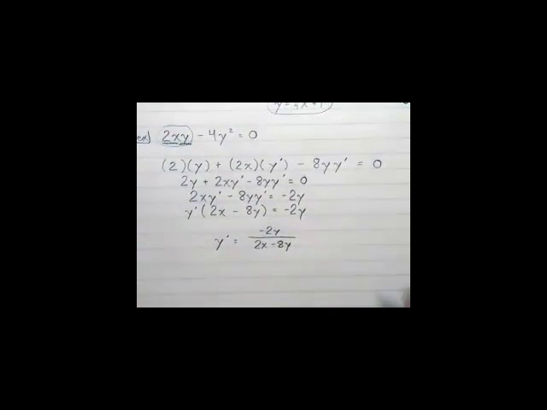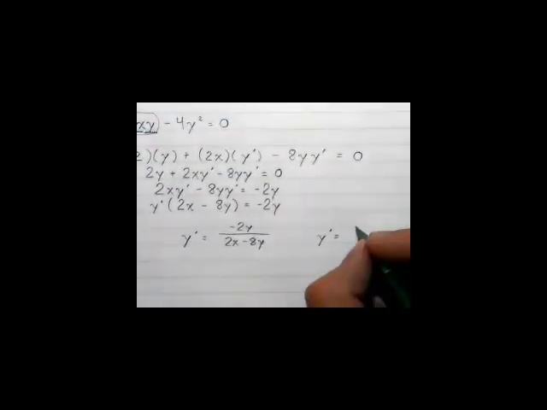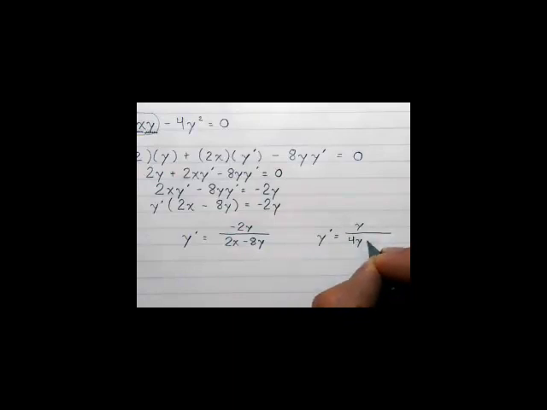All right, and I'm going to rewrite this now so it's a little easier to work with, and see if you guys can tell what I did here. It was negative 2y over 2x minus 8y, so I'm going to make it just y over 4y minus x. What the heck did I do there? I took out a 2, and what else did I do?